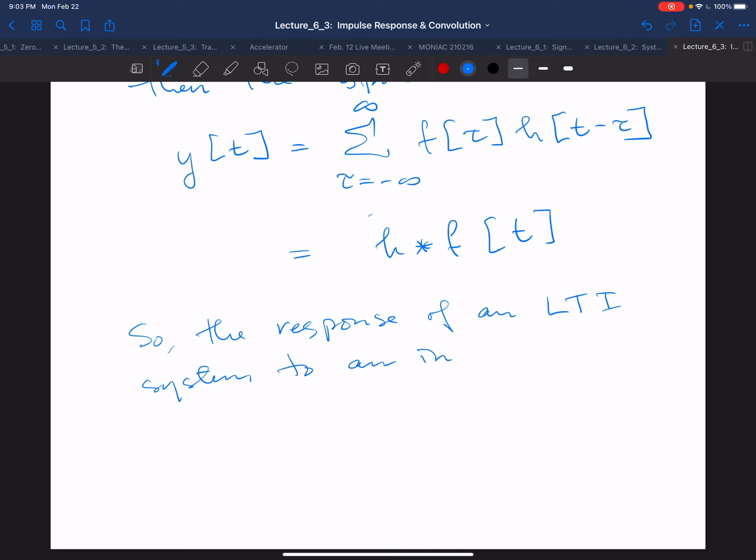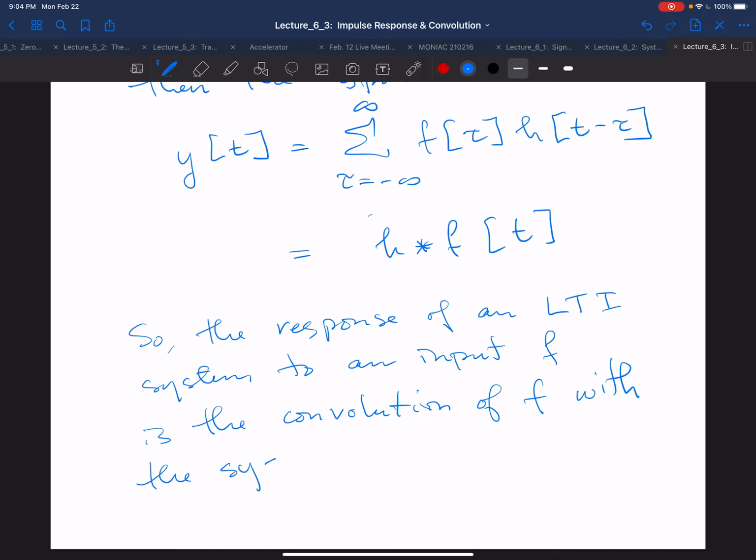So the response of an LTI system to an input signal f is the convolution of f with the system's impulse response.